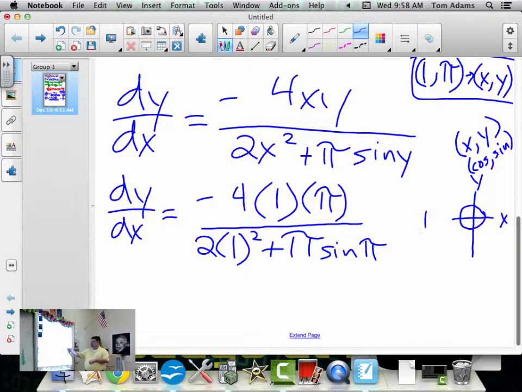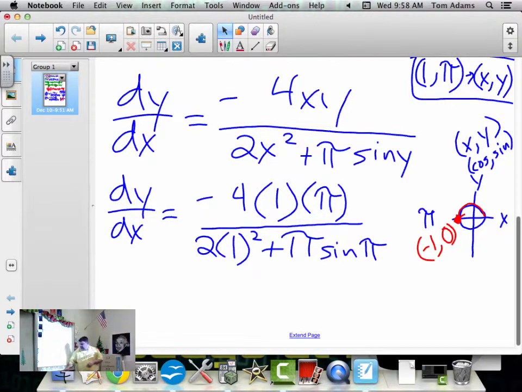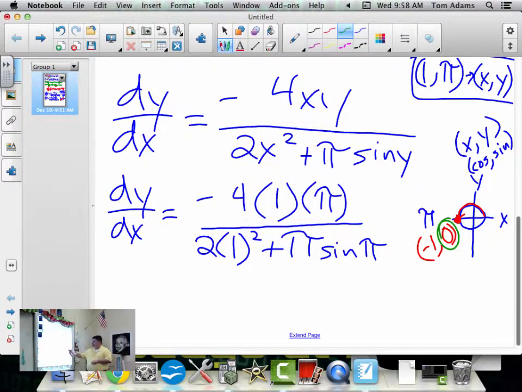If I come around starting from the initial side and come right here, what is this point on the unit circle? Negative 1 comma 0. What is sine of pi? 0.